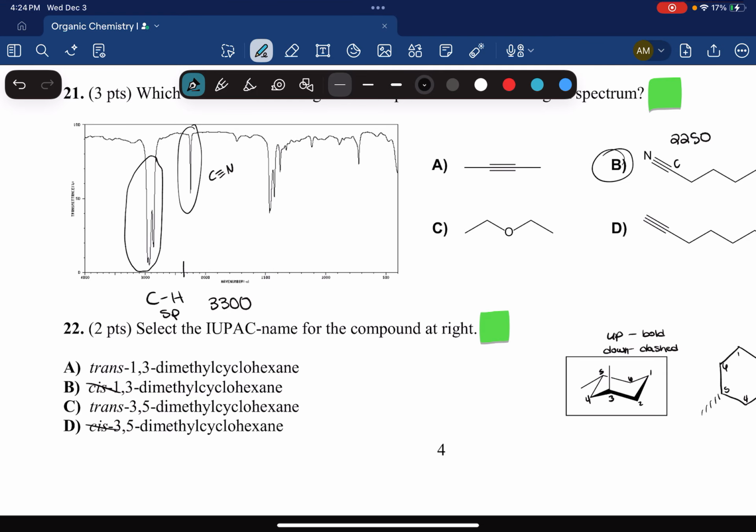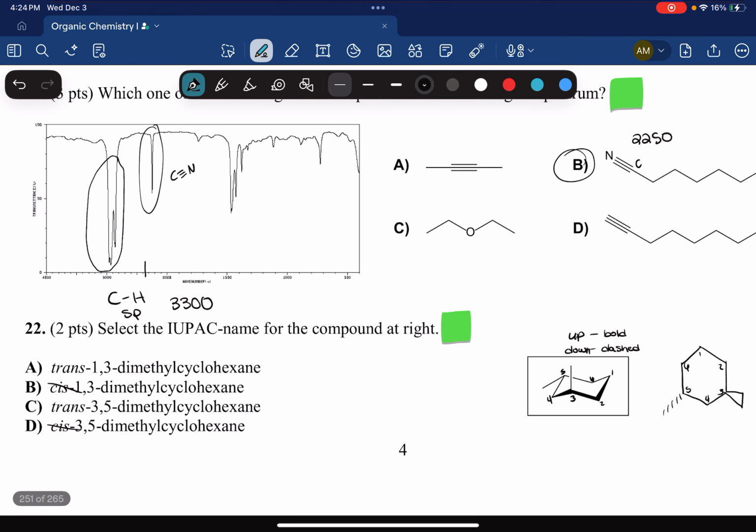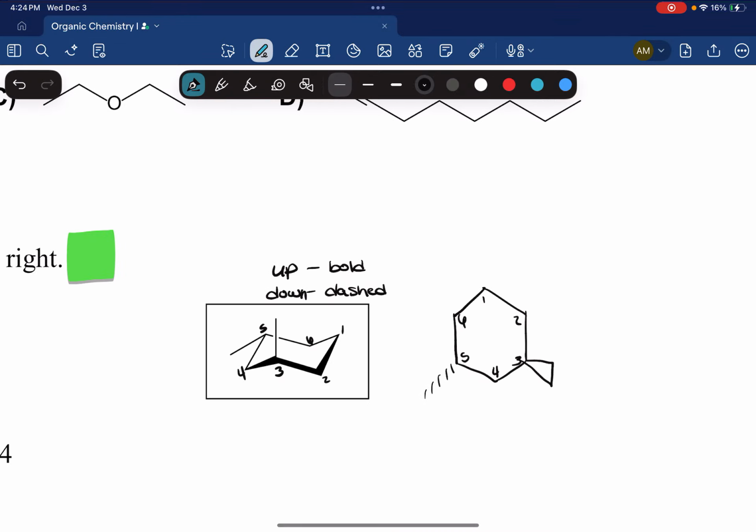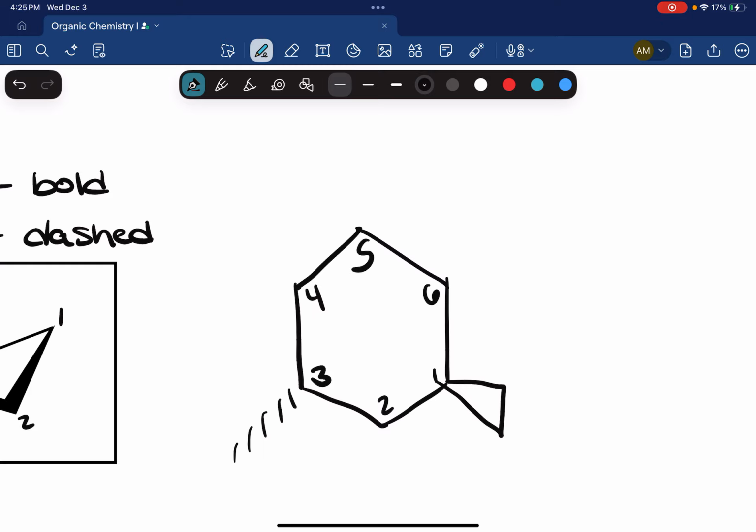And yes, I have it numbered 3, 5. But if we switch the numbering scheme, because you can number it however you want. 1, 2, 3, 4, 5, 6.